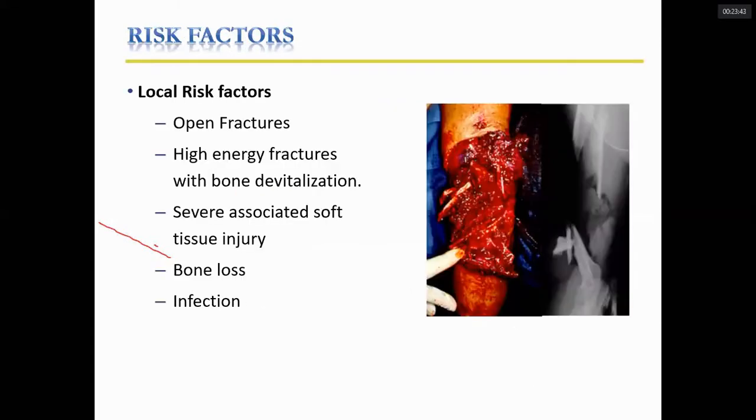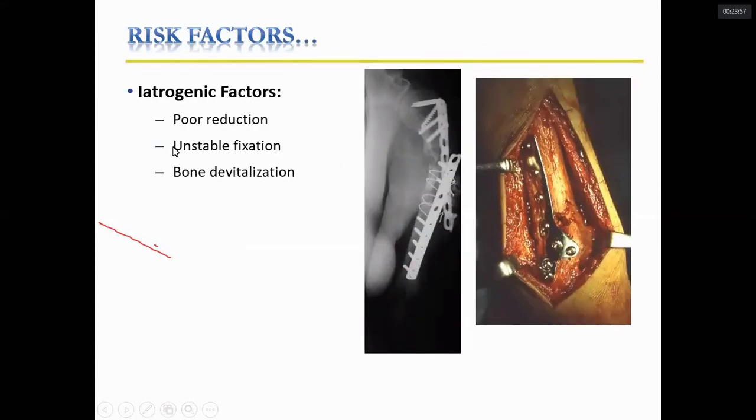So what are the various risk factors? Risk factors can be either local or systemic. Local are open fractures, high energy fractures with bone devitalization, severe soft tissue injury, bone loss, and infection. The other factors can be iatrogenic, or poor reduction. The reduction is not good, or the fixation is unstable.